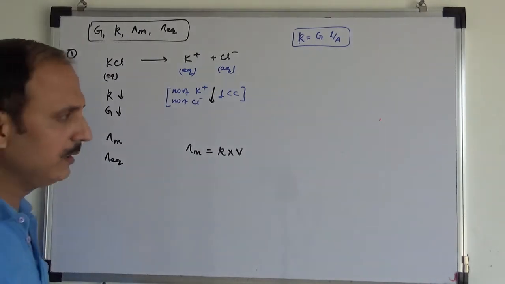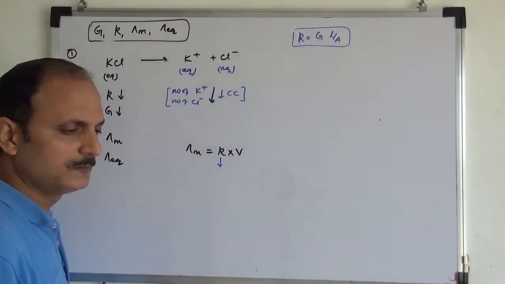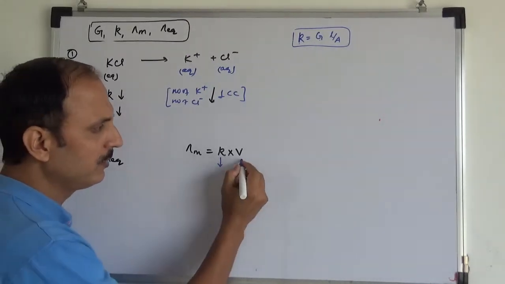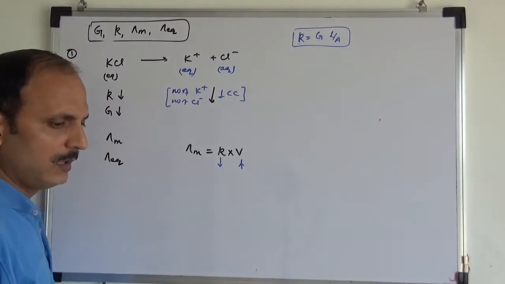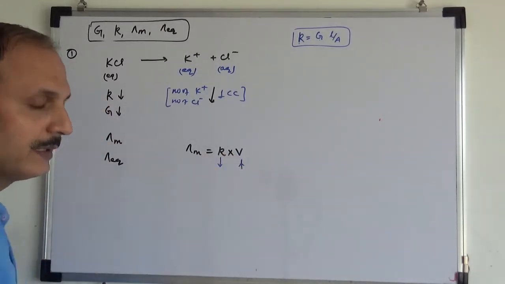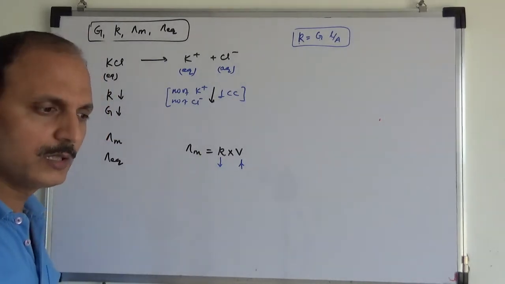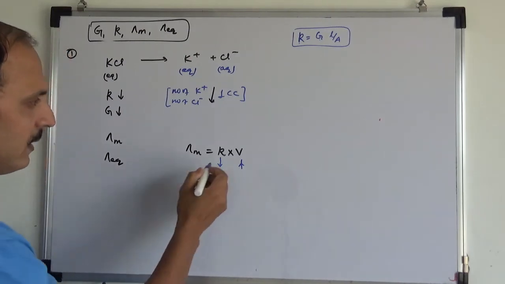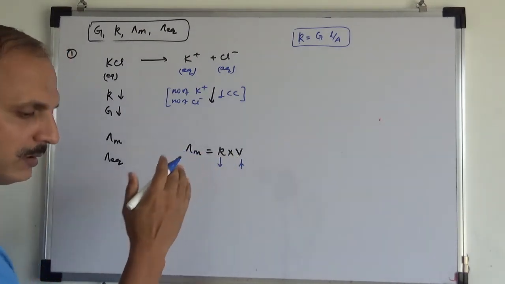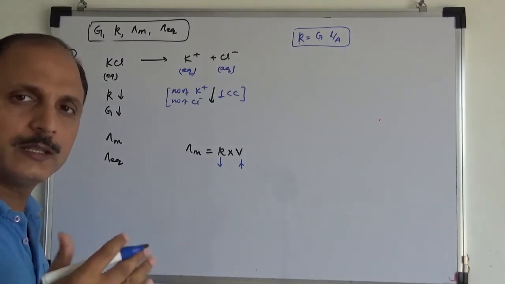Since you are diluting, the specific conductivity is going to decrease and the volume is going to increase. The moment volume increases, but this is decreasing and this is increasing, how can we say what will be the effect on the molar conductivity? We can say as volume is increasing, the average separation between cation and anion is increasing.